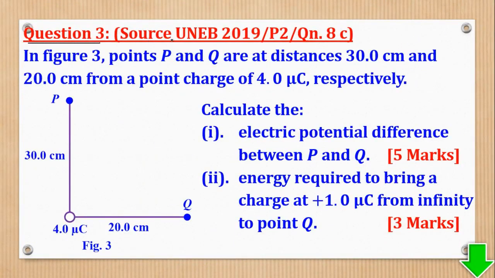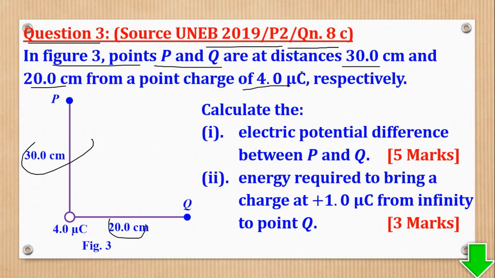Now we shall go to question 3, which came from UNEB 2019 paper 2 question 8c, and says, in figure 3, points P and Q are at distances 30 centimeters and 20 centimeters as shown here, from a point charge of 4.0 microcoulomb respectively.